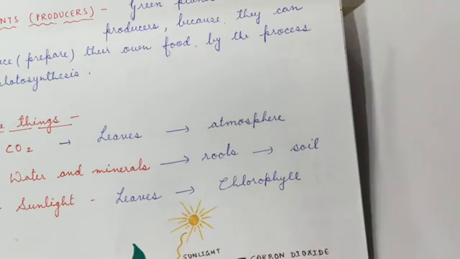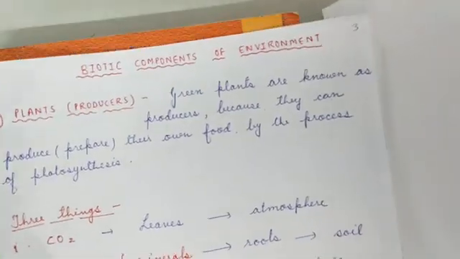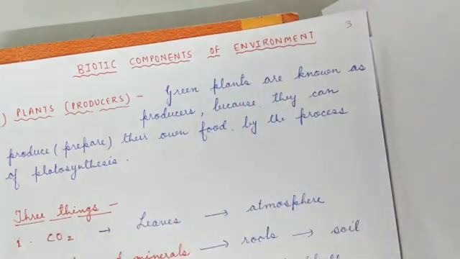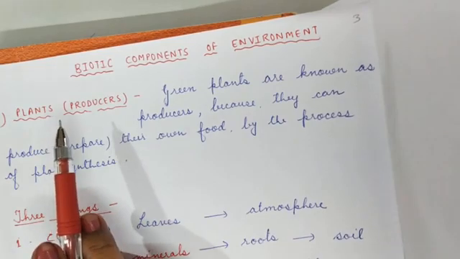Now we will discuss one by one all the components of the environment. So first of all, we will discuss the biotic components of the environment. So what was the first biotic component of the environment?